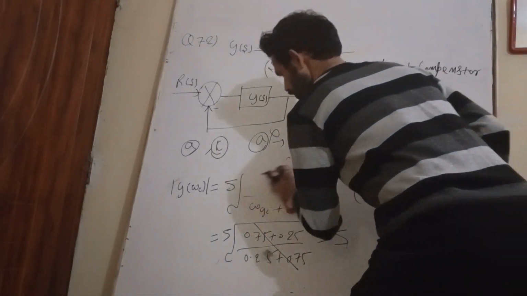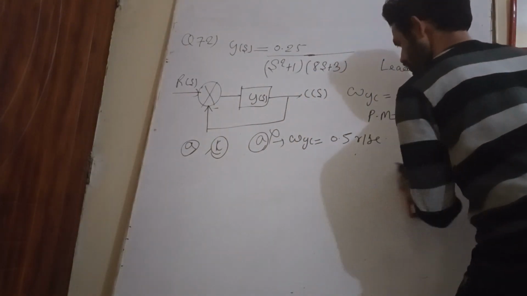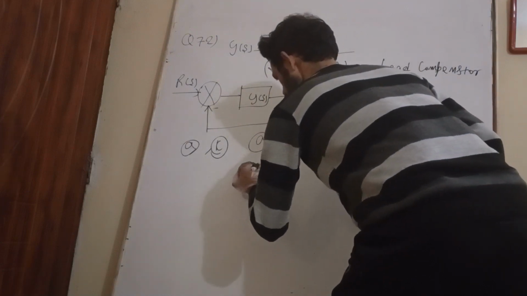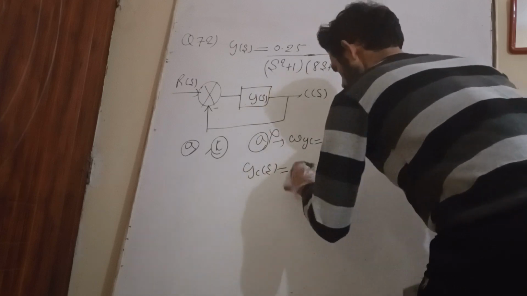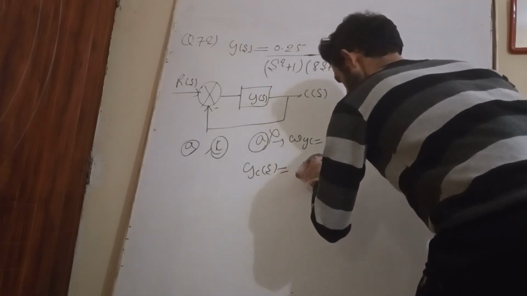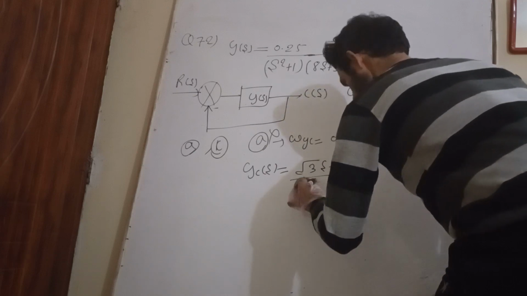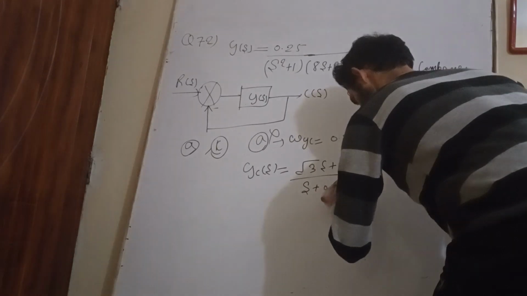Now for option C, Gc of s is root 3 s plus 0.5 divided by s plus 0.5 root 3.